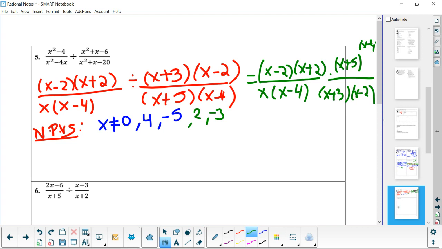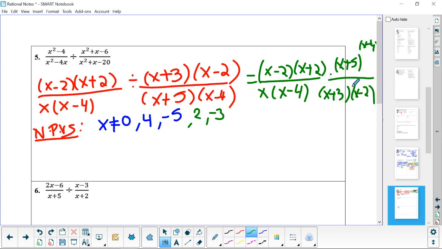Okay? So again, you're going to look for your non-permissible values before changing division into multiplication, and also after you have changed your division into multiplication. Means you have taken the reciprocal of the second part of your rational expression.